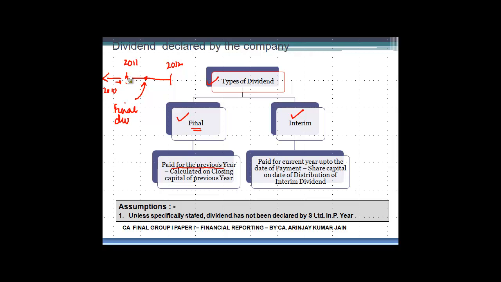And therefore is normally calculated on the closing capital of the last year, which is something on 31/3/2011, right? Depending on your date of acquisition, this will be a capital or a revenue profits.